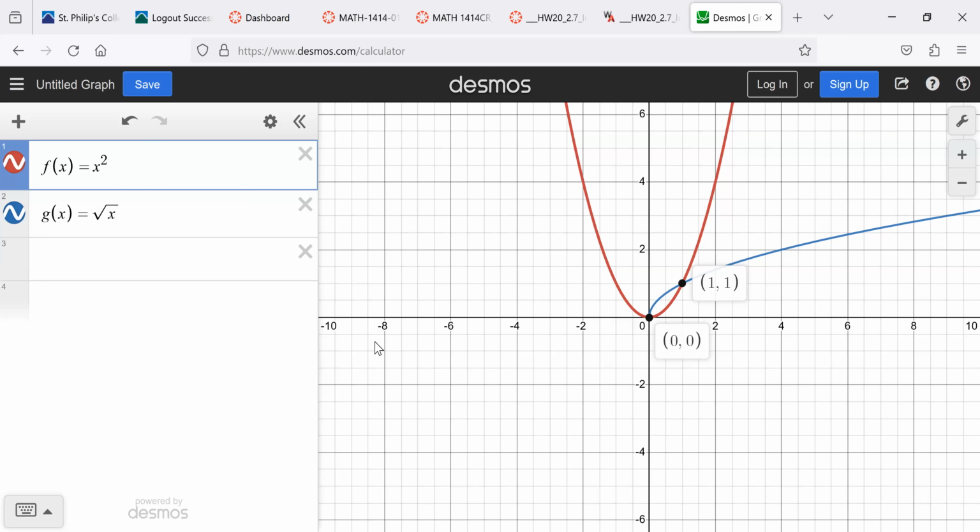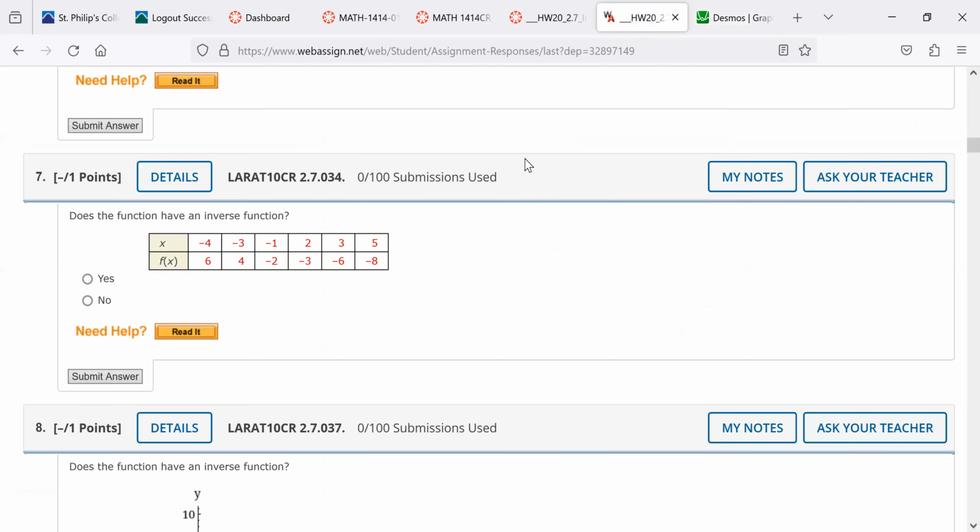Okay. And that's the easiest way to think about it. So do any of these share a y value? Does a y value repeat? And of course, all the x's don't repeat either, right? So it should be.